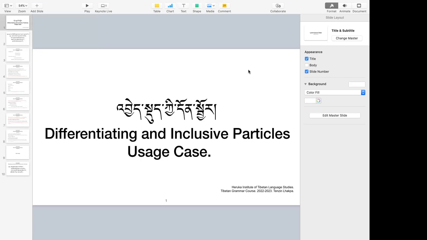This particle only has the direct usage case and one more inferential, but there is nothing much to discuss about it. It's just a single usage case, which is more or less inferential, and it is very much used in our day-to-day life.